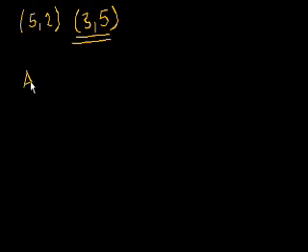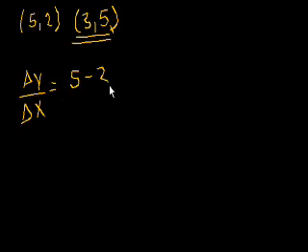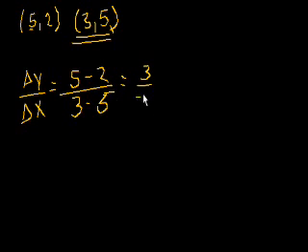So change in y over change in x, or rise over run. Change in y would be this 5 minus this 2, over this 3 minus this 5. And that gets us 3 over minus 2, equals minus 3 halves.